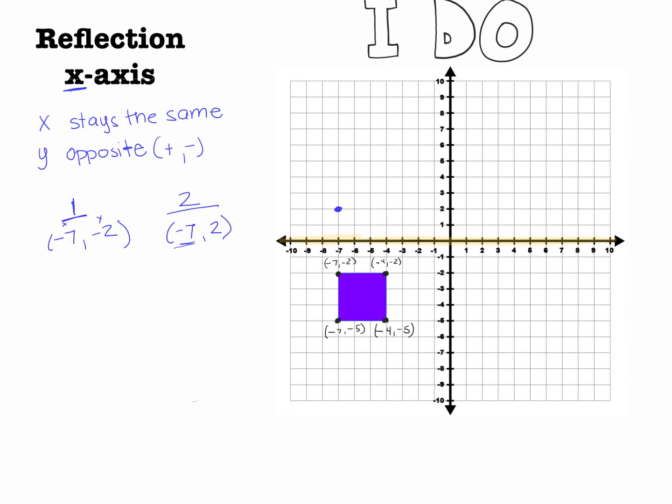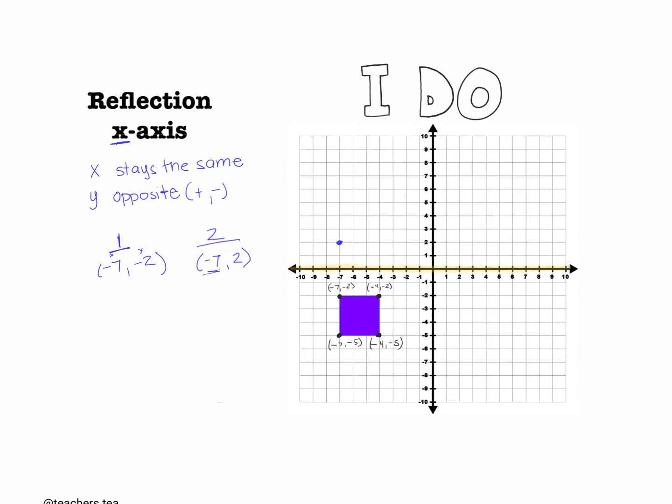The next coordinate that we have here is -7, -5. So we keep the x and we change the y to its opposite, which is going to be positive now. So -7 and 5. The next one is -4, -2. Again, keep the first one, change the second to a positive, and that's going to be right here.